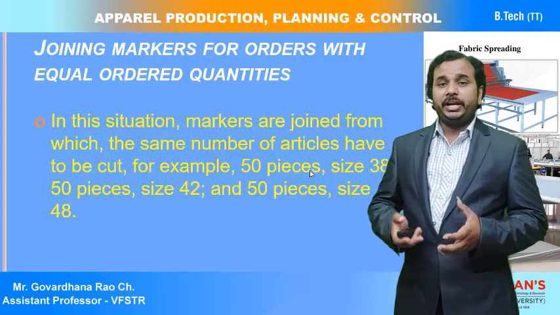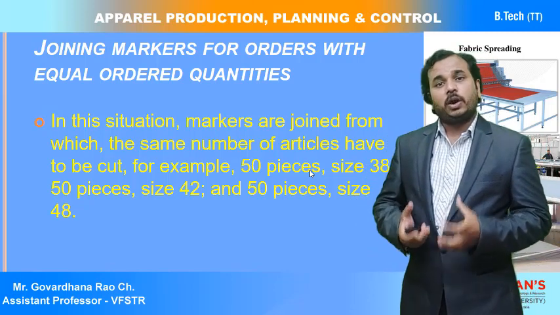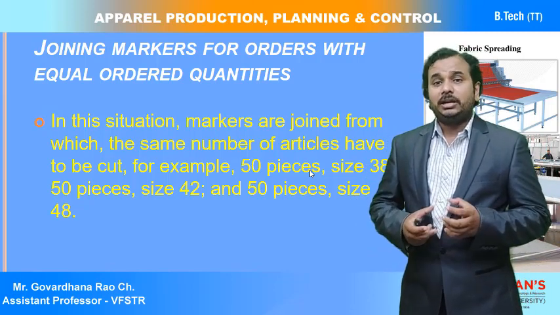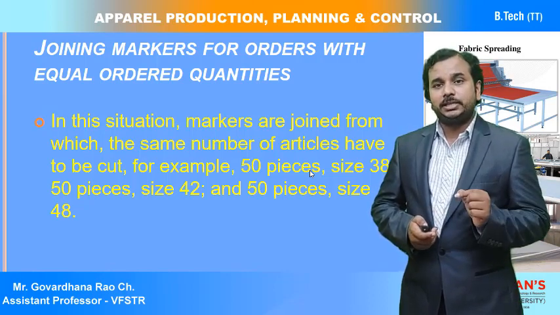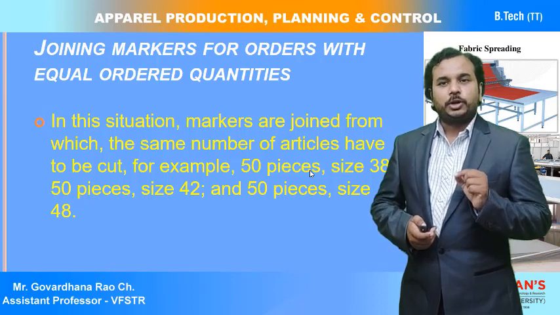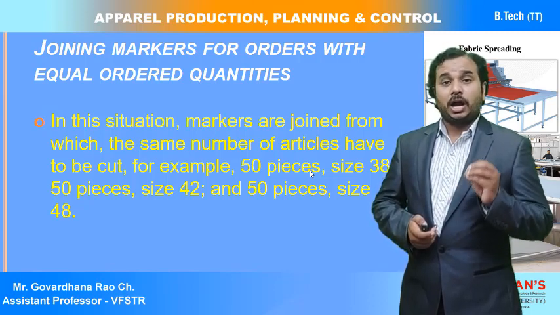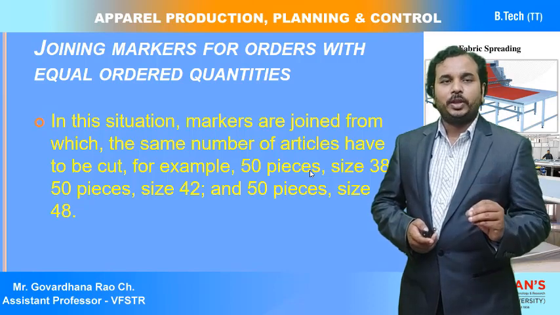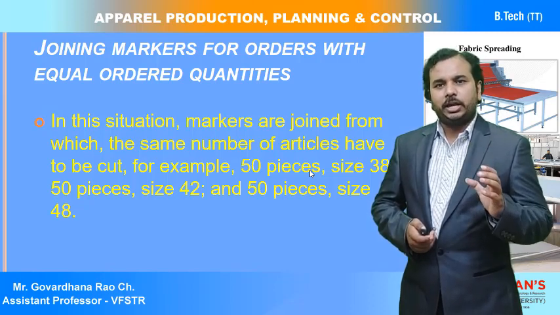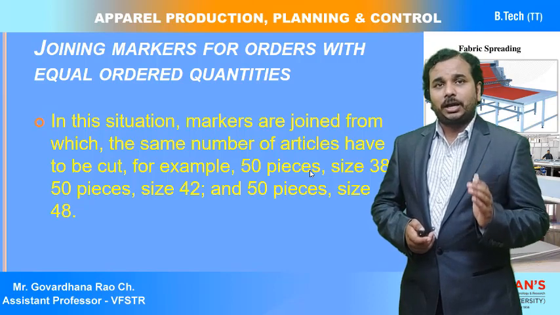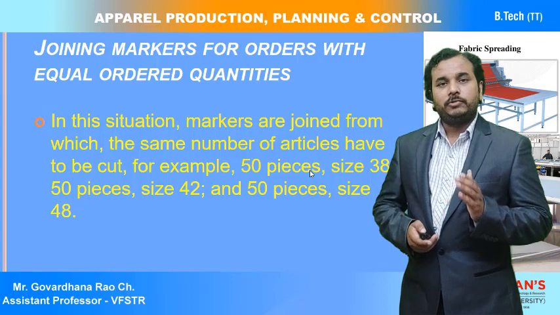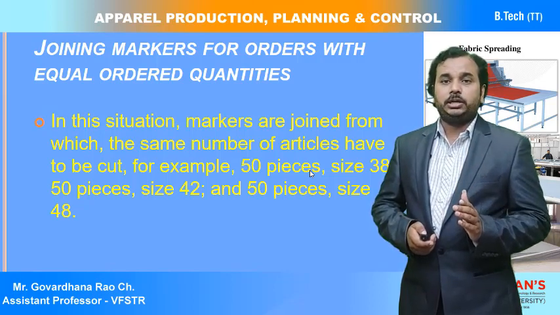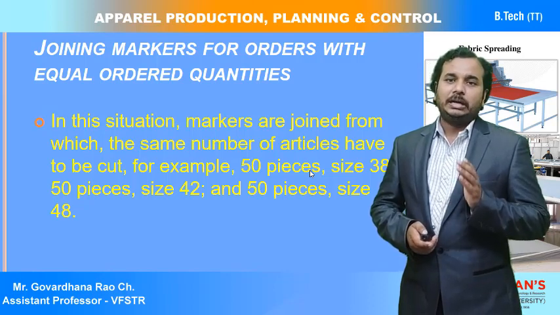Now we have three different sizes, and you can observe that the number of pieces required for each size is 50. All the sizes have the same ordered quantity. That is why our title is joining markers for orders with equal order quantities.